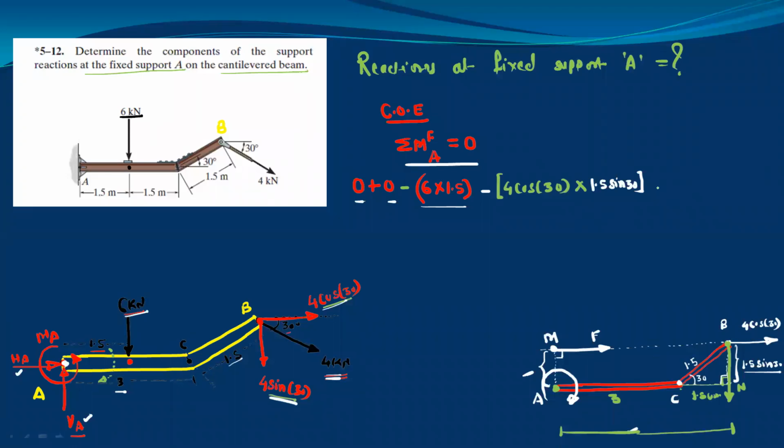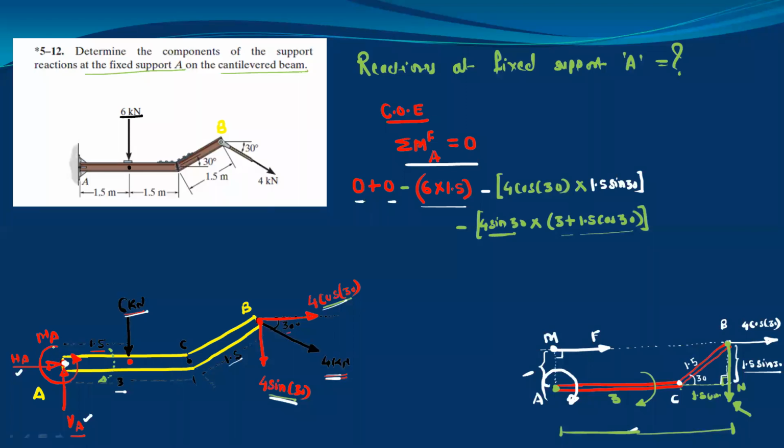So your moment will be: the component is 4 sine 30, and the distance is 3 plus 1.5 cos 30. This is the total moment value. This is the force component and this is the distance. Now observe the direction of rotation. This force will rotate the complete beam again in the clockwise direction, and therefore it is negative.